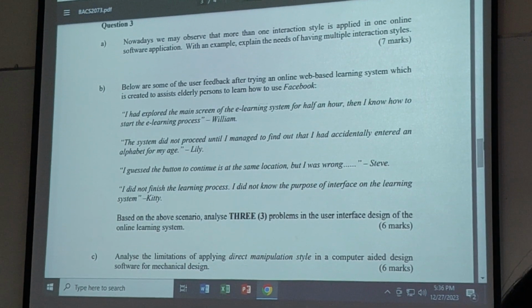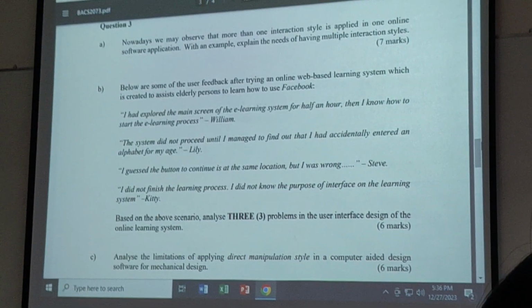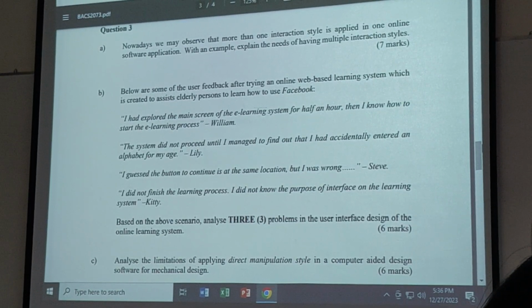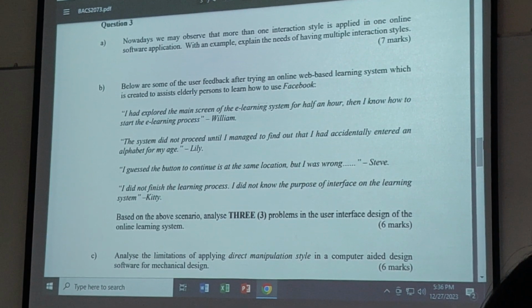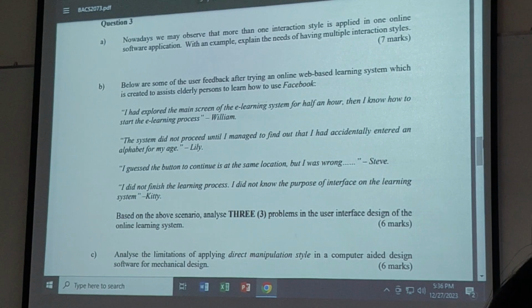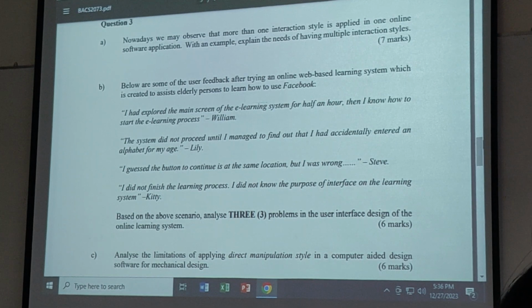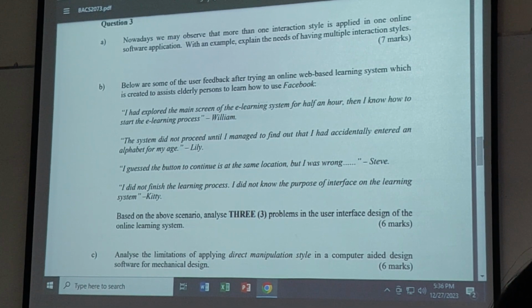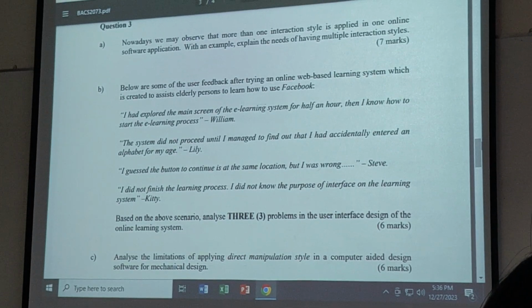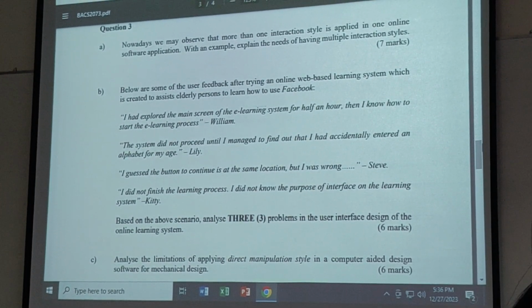Because why? Kitty said he cannot finish the learning because he did not know the purpose of the interface. Understand? Maybe because the interface is very ambiguous, the label, she did not know what this is for. We have to guess and do something. Okay, so this I think is 3 marks.